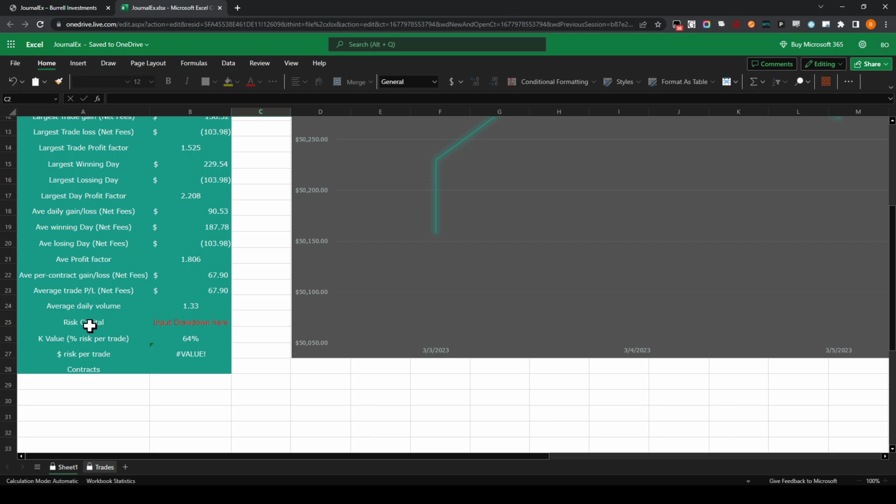Okay, risk capital. I have a red thing here that says input drawdown here. What's that for? So if you're taking an evaluation or you're in an account, it's basically the amount that you can lose in that account, and whether that's going to be a percentage of your account balance or a rule from a prop firm.